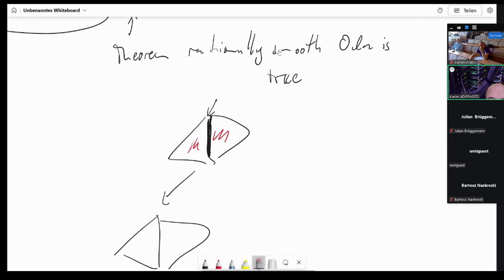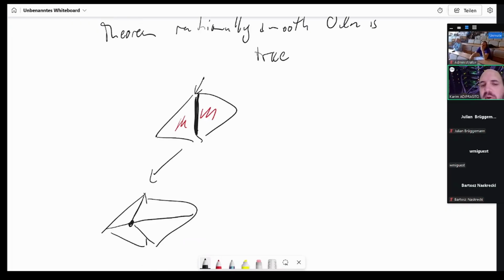I removed this edge and I just want to fill in the hole again. I could have coned with this apex here, my new cone point, this little stellar point that I use to fill in the hole again. The order conjecture is basically just restricting where the point can be.